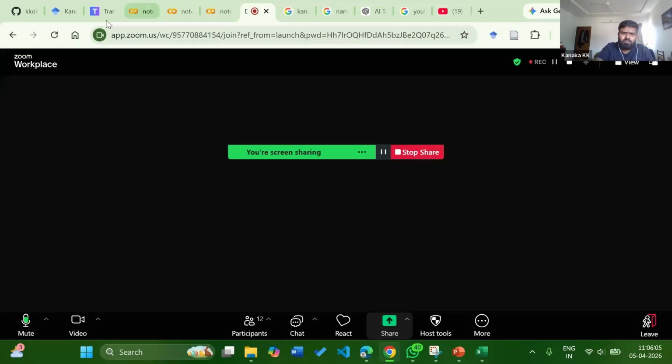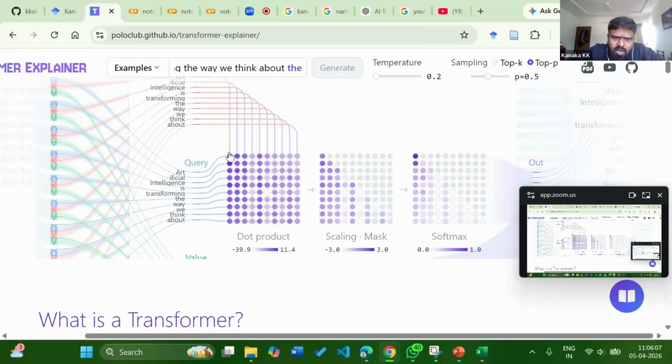But coming back to our business, I was telling how these attentions, very big matrices, came into a single scalar value, that is a dot, by dot product. And for each of these token combinations, how many token combinations are here?